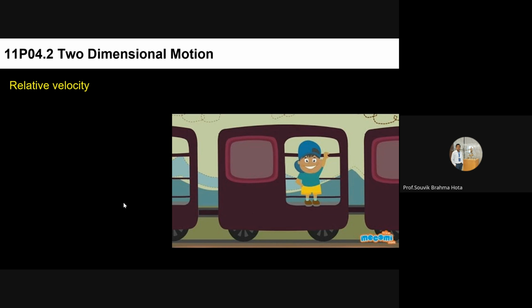The relative velocity of that person, or maybe the train, with respect to the ground is one point, and if the person is moving within the train, that is another point. But let us first have a concept: something is known as the ground reference, and the frame of reference gets changed.